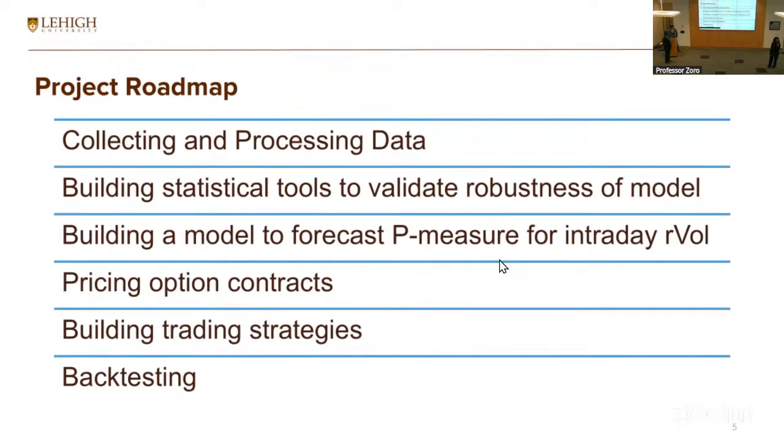And we had to build statistical tools to validate the robustness of models and then deep dive into the literature and find out what models actually forecast intraday realized volatility, what pricing option contracts do we have, and build trading strategies. And of course, like any other project that involves data, we had to backtest and validate our results.